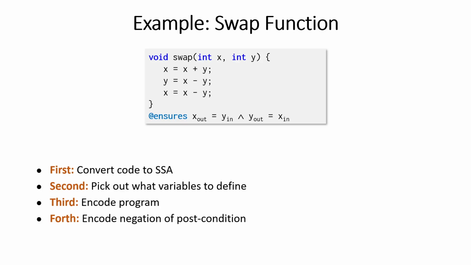This is a swap. You want to swap the value of some variables, and it does that by using some arithmetic to swap them, right? Usually when you swap variables, you have to have one variable where you store the first value so that you can then override the other variable. Here is maybe a program that works to swap integers, right? We're not sure. Maybe it does work. So let's try to encode this.